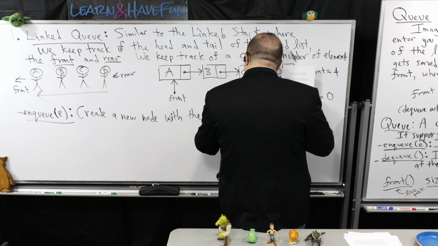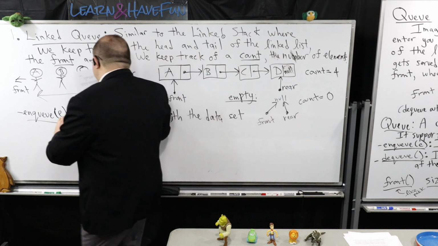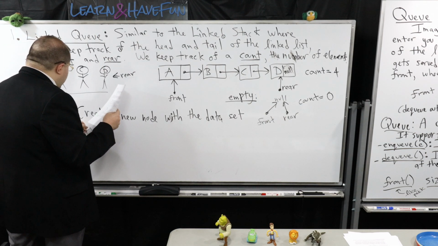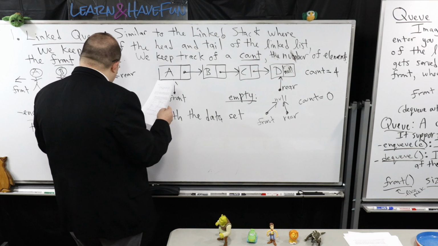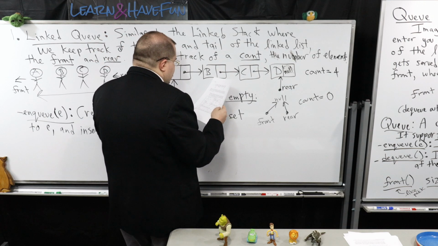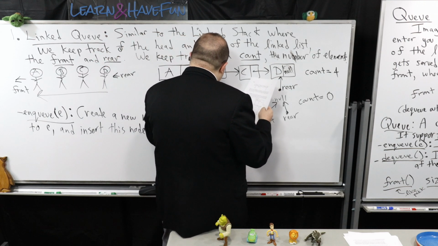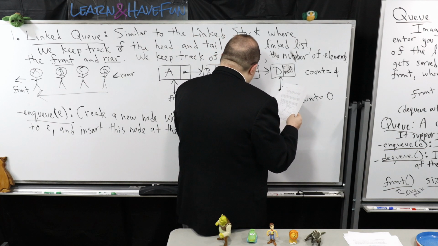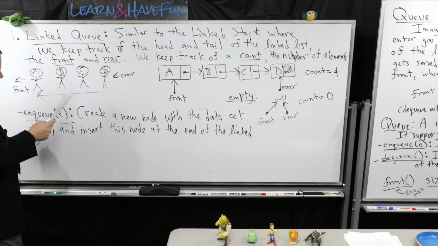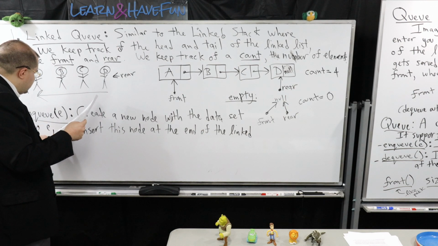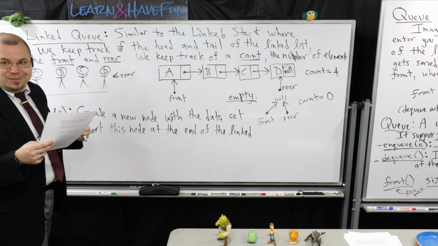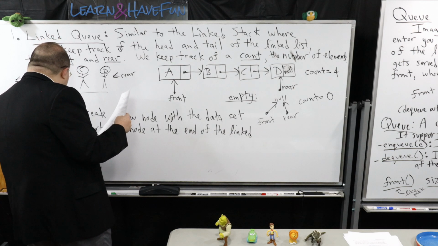With the data set to E, and insert this node at the end of the linked list, via, for those that are not familiar with that phrase, using the access we have to the rear. Via the rear.